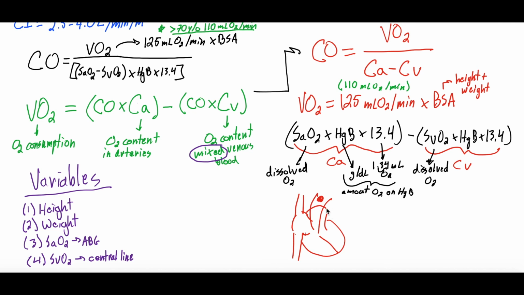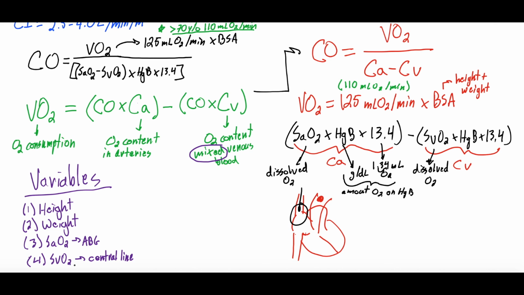You can do that if you have a Swan, but usually you don't. And in that case, you have a central line that sits right here in the superior vena cava at the cavo-atrial junction. And that is a fair surrogate of the mixed venous blood.